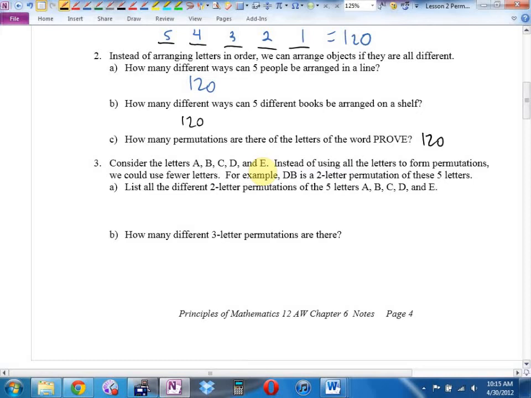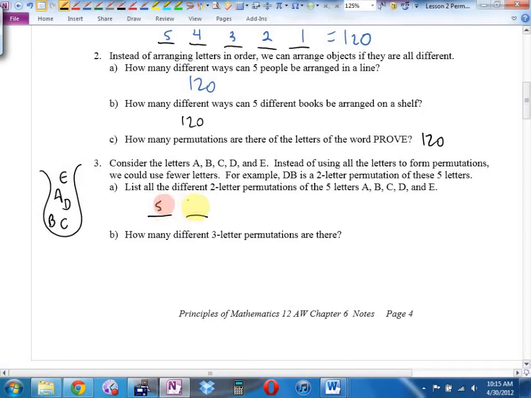How many letters are we choosing? How many blanks are we going to draw? Here's our Scrabble grab bag. How many choices do I have for the first letter?